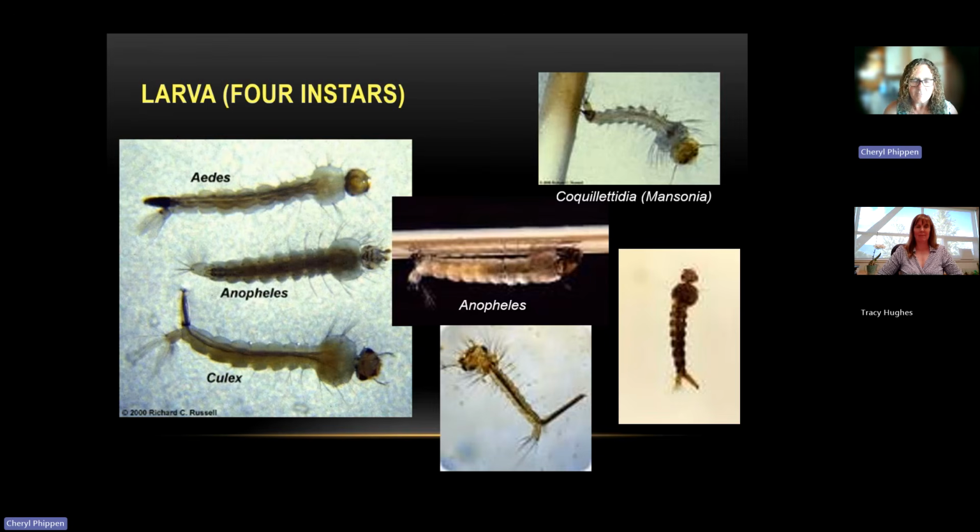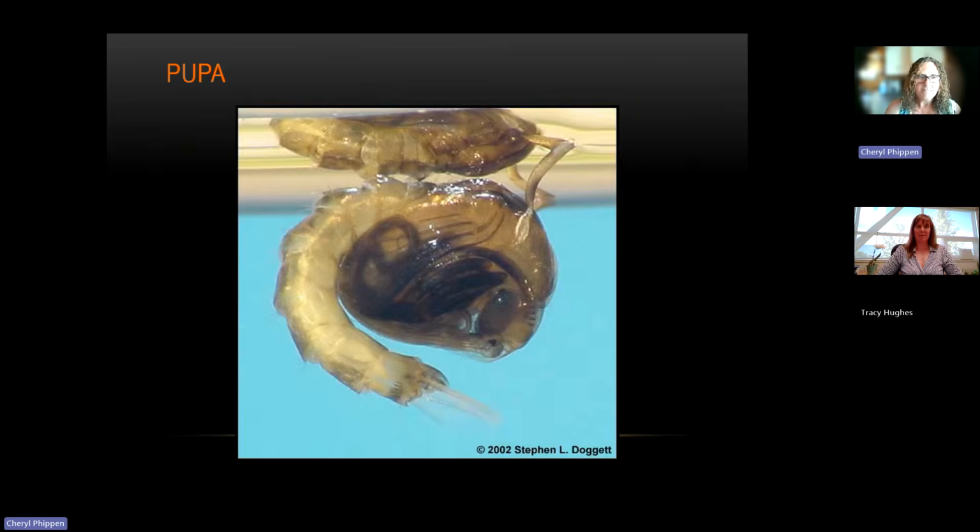When we find mosquito larvae, typically they're hanging from the surface. We look at them and they go flip, flip, flip, flip, that type of swim, and dive down. Once they have gone through some stages as larvae, they go into their cocoon stage, which looks like this. It's also in water. It's their pupal stage.